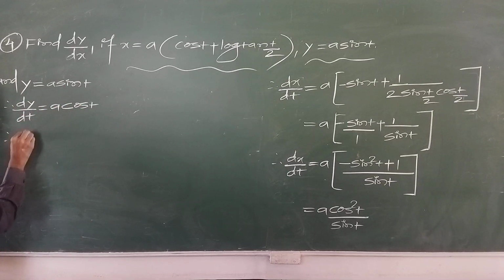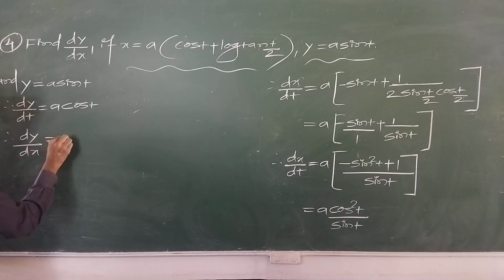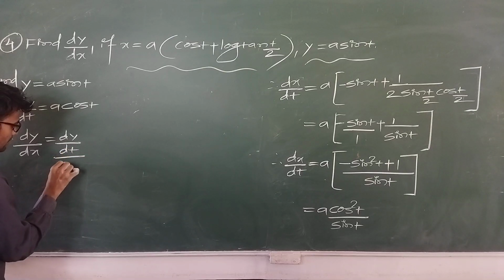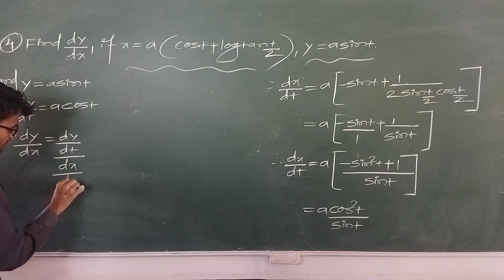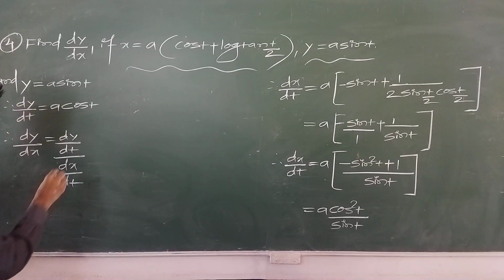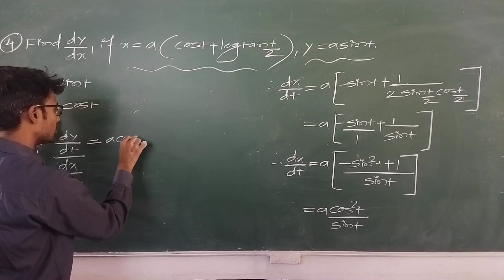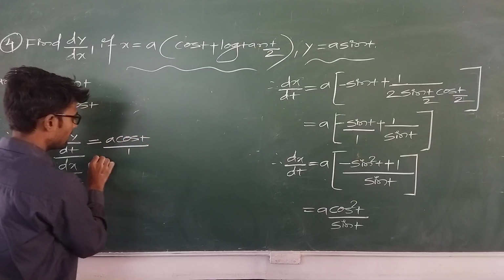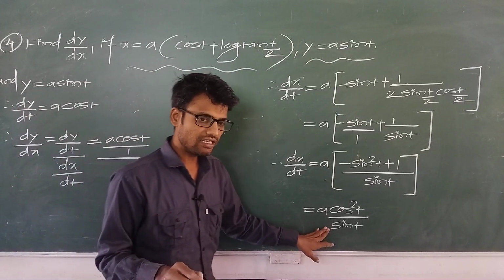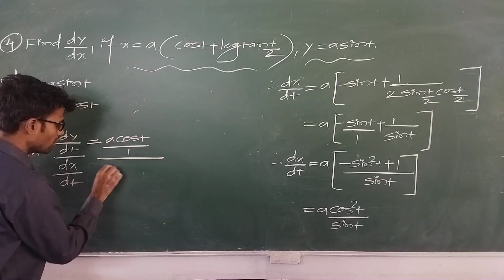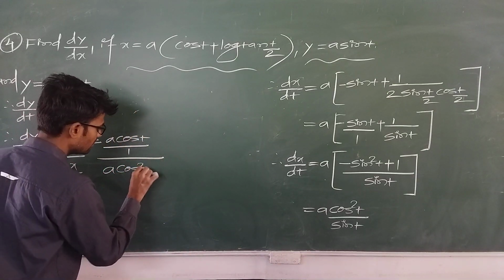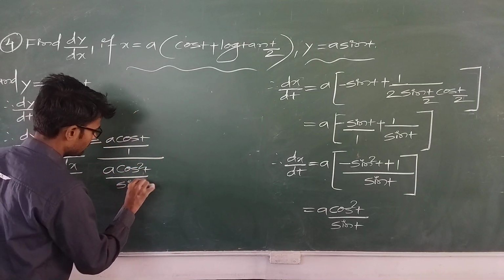So, I will write dy by dx is equal to dy by dt divided by dx by dt. Now dy by dt is a cos t divided by 1. dx by dt is a cos square t divided by sin t.